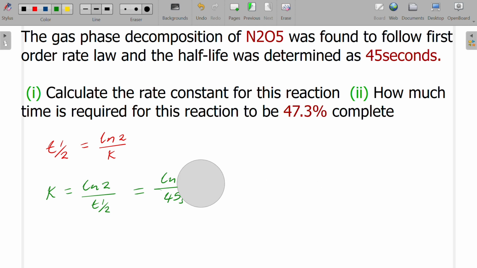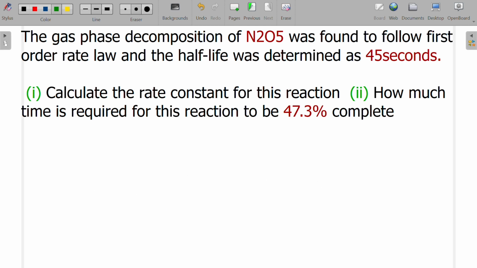So let me get rid of this. Now the second part is talking about how much time is required for the reaction to be 47.3% complete. How do we find that? The first step is to determine how much of the initial amount will remain. So the initial amount is considered to be 100%. So we have 100% at first before anything is used.